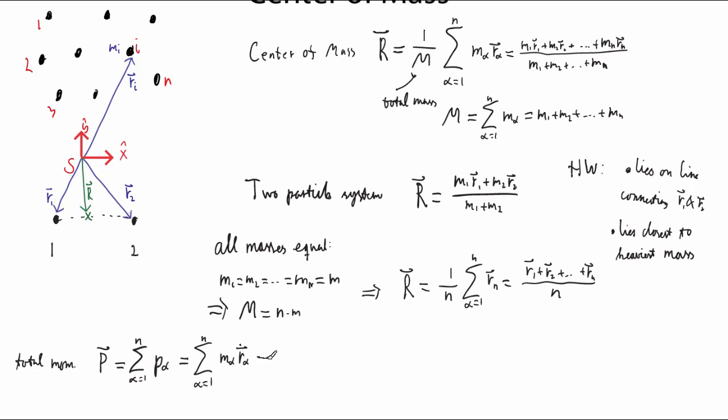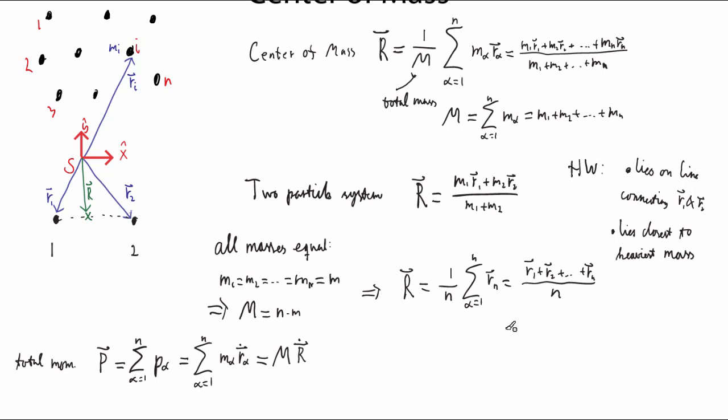So this is therefore equal to capital M, the total mass of the system, times the velocity of the center of mass. From this we can see, in other words, that the center of mass moves as if the system consisted of one single particle of mass capital M located at the center of mass position, subject only to the external forces acting on the system.